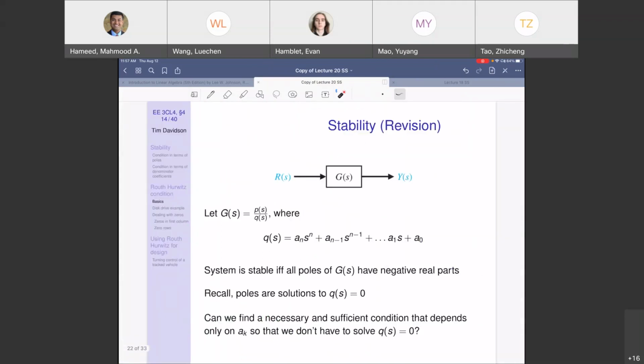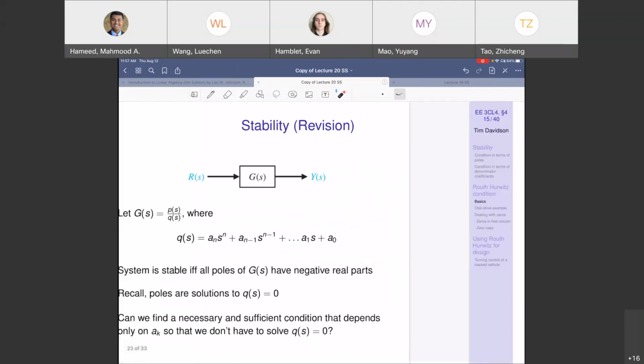Next, let's see. I think we have stated the motivation pretty clearly. Instead of finding 100 roots and determining whether all the roots are in the left half plane or not, you just take a look at one column in the Routh-Hurwitz table, and you know the solution to this. Let's see it.